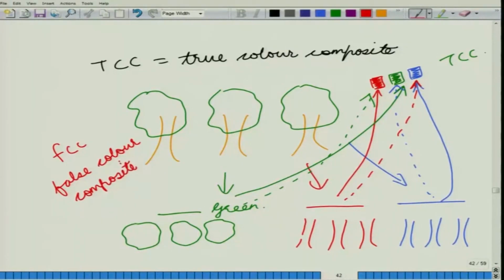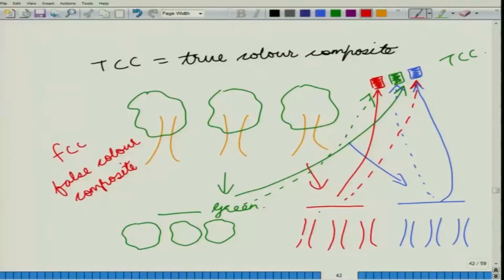Now, in the case of our human eyes, we can see only those radiations that come under the visible spectrum. But in the case of cameras, you can even have sensors that can look into the ultraviolet range or say the infrared range. So, in the case of cameras, these channels are not just R, G and B, but it can also be infrared, it can also be UV, or it can be anything else. So, let us now have a look at an FCC.